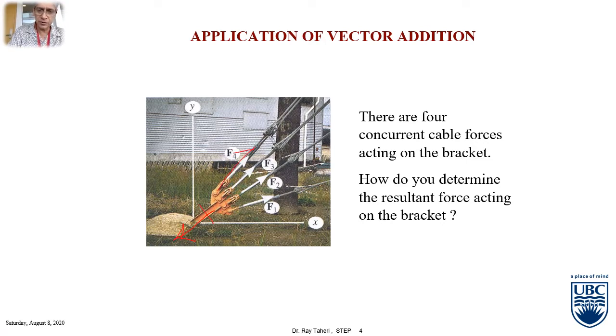So you have one force here, one force here, one force here, and the fourth one goes here. The resultant of all these forces would counter-react, so you do need to add them together. This is a very simple example of a situation in two dimensions. You would like to add these forces together.